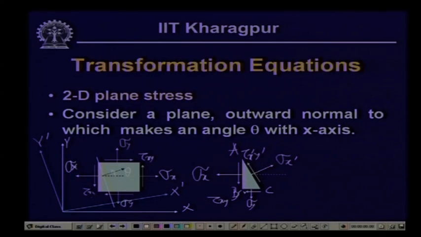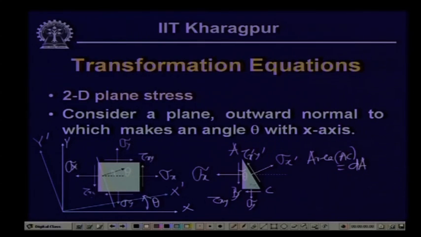Considering unit thickness normal to the plane of the board, let us assume the area on line AC is dA, which is length AC multiplied by the unit thickness. Considering that this particular angle is theta, this particular angle also is theta.